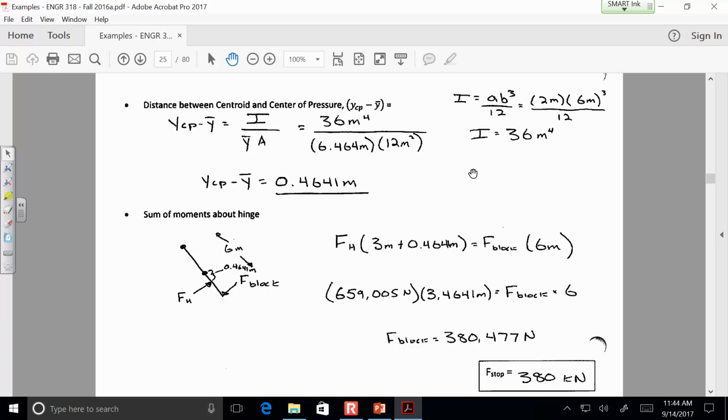So it's the distance from the center of the gate to where the force is applied. So the overall moment distance is going to be the 3 meters that gets you to the centroid plus that gap distance. So the moment distance is 3 plus the difference between YCP and Y bar. And then that's counterbalanced in the clockwise direction by the 6 meter moment distance and whatever force that the block is applying to the gate.